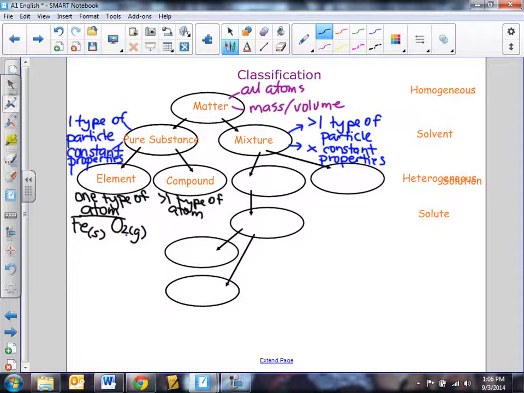A good example of a compound, and there are lots of them that we see in daily life, is H2O, water. It has 2 hydrogen and 1 oxygen atoms, but they're attached together. Does anyone want to ask any questions about pure substances, elements, or compounds?